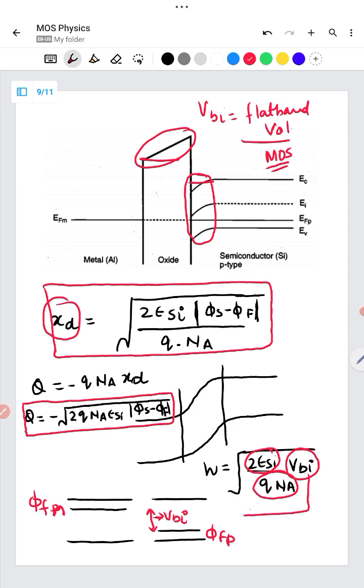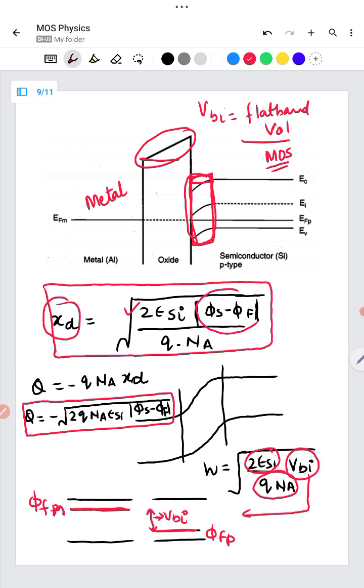The VBI was the difference between the Fermi level on one side of the junction and the Fermi level on the other side of the junction. However, in this case, the depletion region only extends into the semiconductor, because on the other side you have a metal. So what will be the depletion region width? It will be 2 epsilon Si divided by q Na, and here you want to have a VBI.